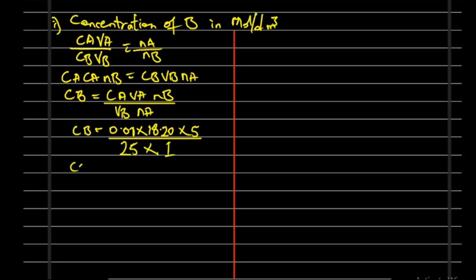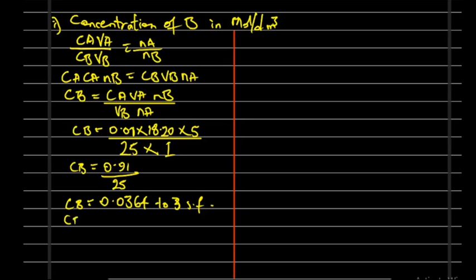So we have our CB here to be equal to 0.91 divided by 25. When we multiply 0.01 times 18.20 times 5, it's going to give us 0.91 divided by 25, and that is going to give us our CB to be 0.0364, and this is to three significant figures.